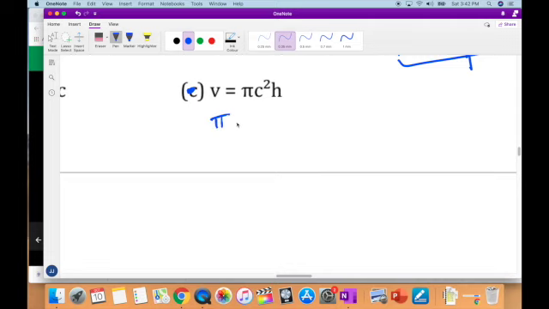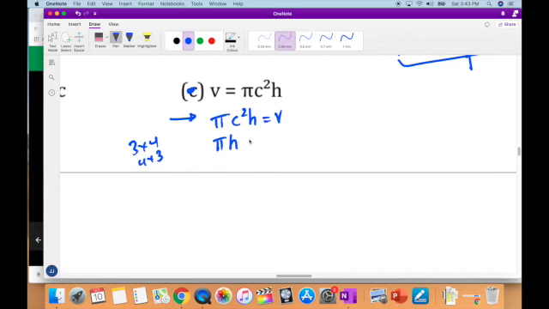So you flip it around. Yeah. Pi c squared h is equal to v. I transpose the pi and the h. Right, well the pi, very good. So you realize that multiplication is commutative. So 3 times 4 is the same as 4 times 3. So therefore I could rearrange it.